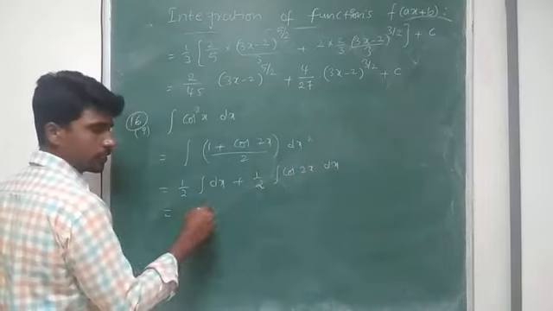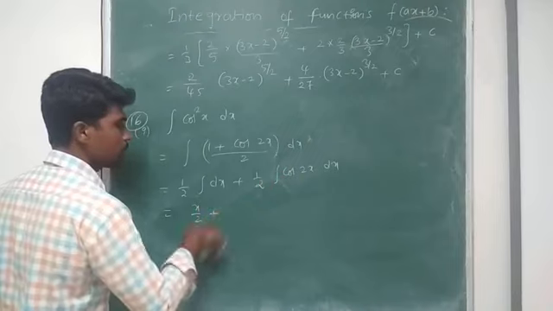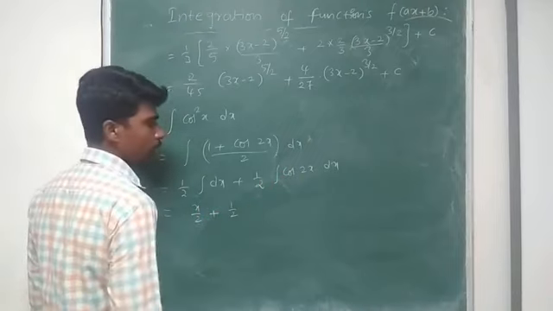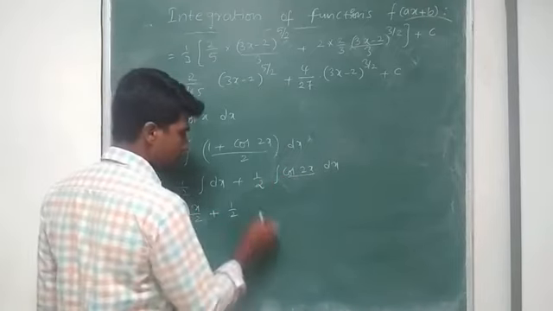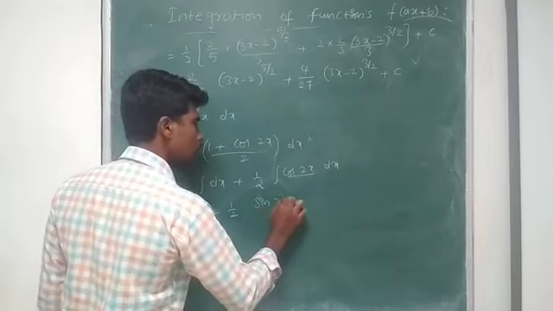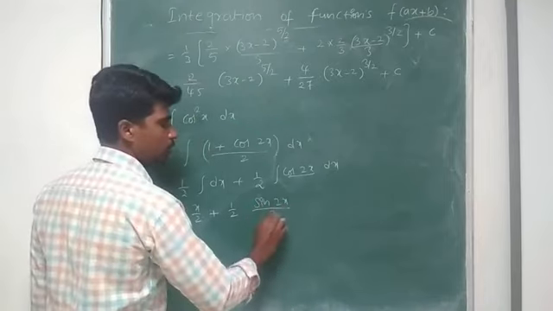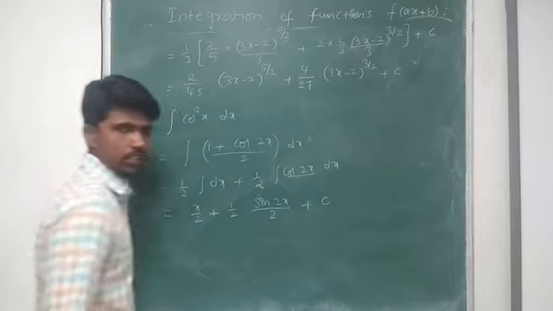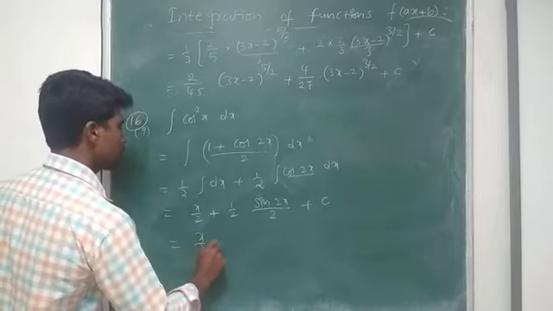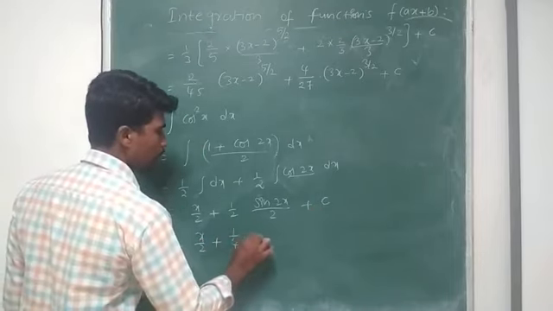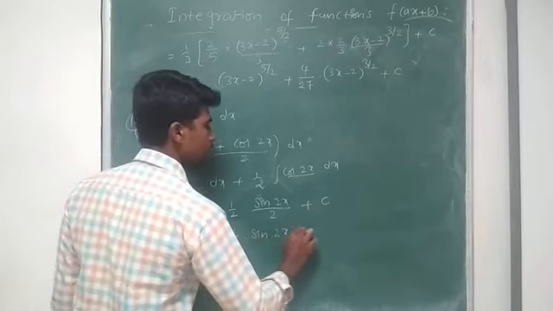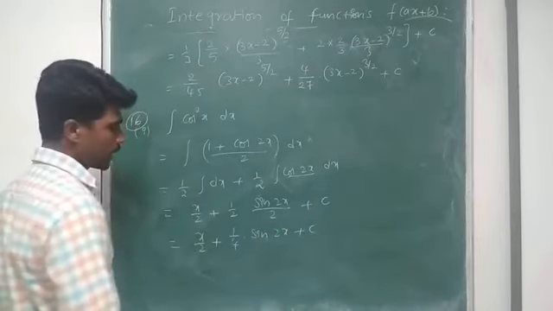The integral of dx is x, so I get x by 2 plus 1 by 2 into the integral of cos 2x, which is sin 2x by the coefficient of x, which is 2, plus a constant. So our final answer is x by 2 plus 1 by 4 sin 2x plus some constant c.